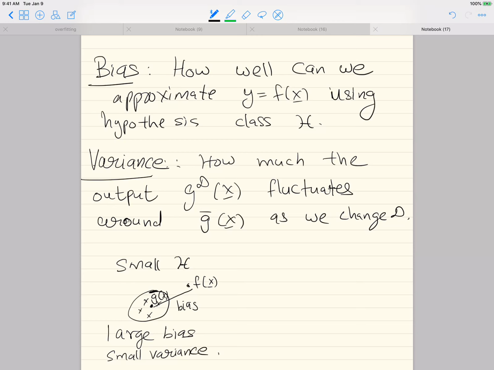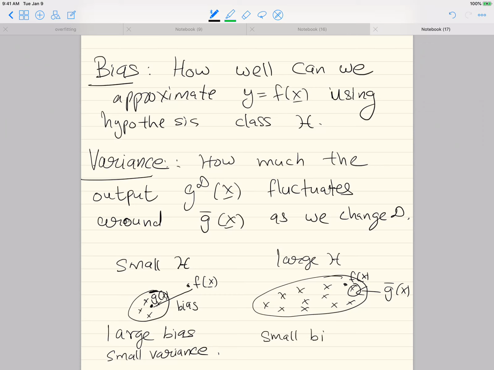On the other hand, if you have a large hypothesis class, then you will have many points. These are all candidate hypotheses. F of x might be somewhere here, so g bar might be this, the closest one. So we will have a good approximation to F, and here you will have a small bias.